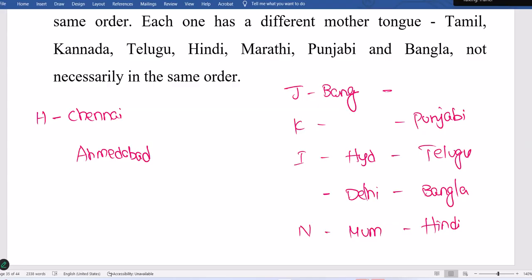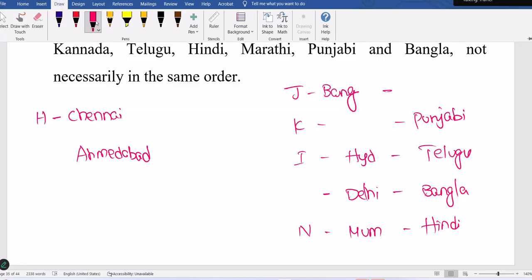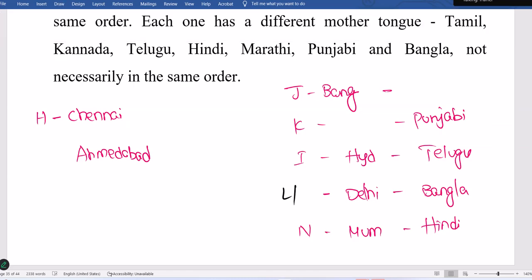How, sir? Without direct information, there are 3 people left over: L, M, and H. They said L and M are not going for Chennai, so H will go for Chennai. L and M will take Ahmedabad or Delhi. Next, they said Marathi related, Kolkata, right?